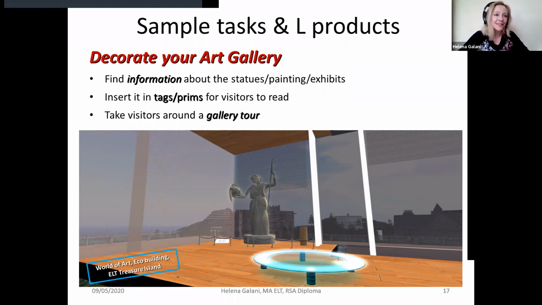So the task is: decorate your art gallery, find information about the exhibits, insert it in tags or primitives, as we call them, for visitors to read. Primitives are objects in a virtual world. Take visitors around the gallery on a tour.